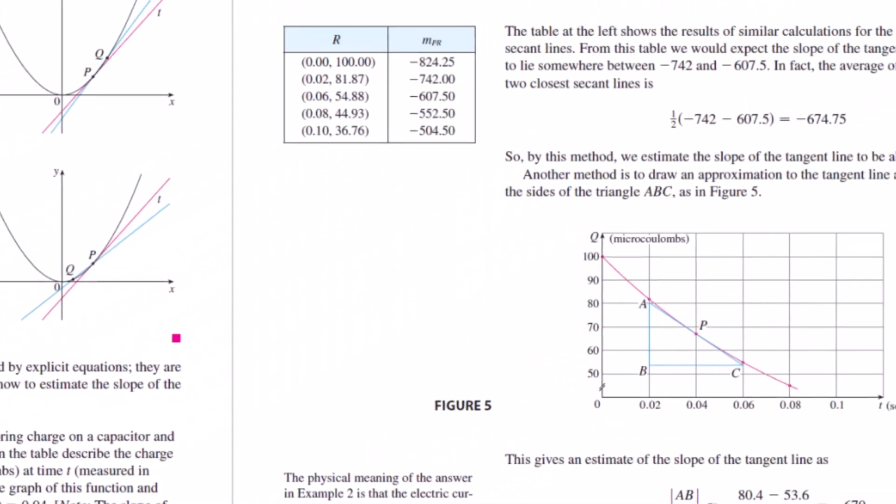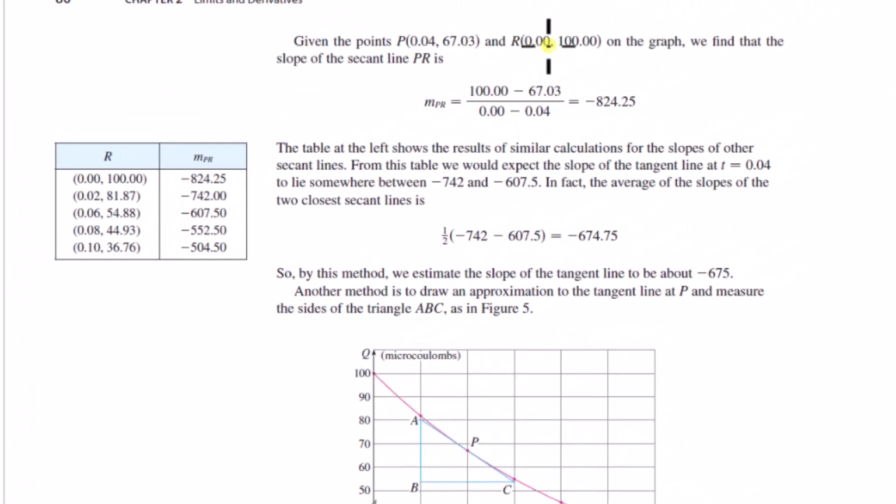There's the point at 0.04, and there's the point at time 0, and there's the slope: y2 minus y1 over x2 minus x1. It's a negative slope, right? That makes sense. Okay, but now what they do next is, the point P was at time equal to 0.04. That's the point we're trying to get the slope of the tangent line at.